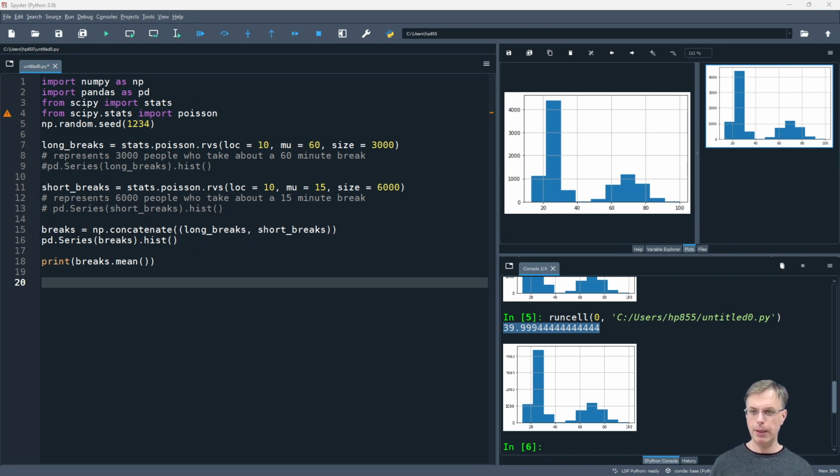So to make our point estimate, we want to simulate the world of 100 random samples, as I mentioned.